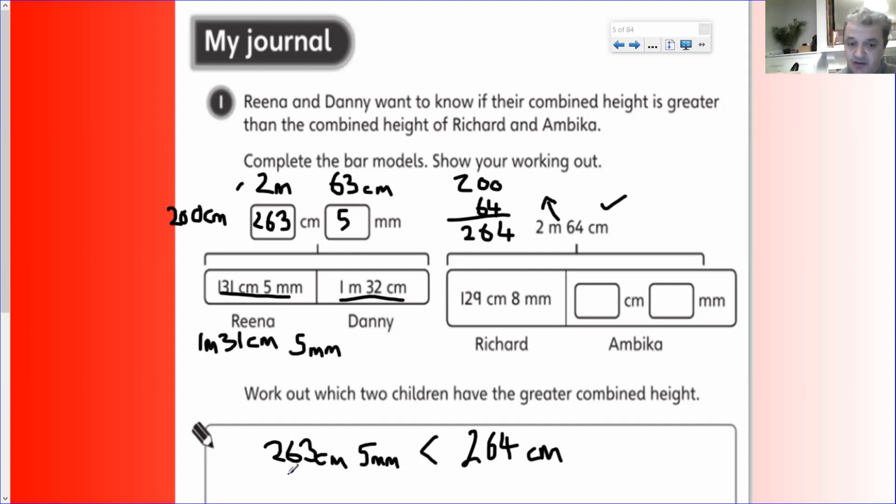So we could call this 263.5 centimeters, but we're leaving it in this format at the moment because we haven't done fractions. So we can see that this is 264 whole centimeters. This is 263 and a bit. So the greater height is Richard and Ambika. Okay, so now what are we left with?